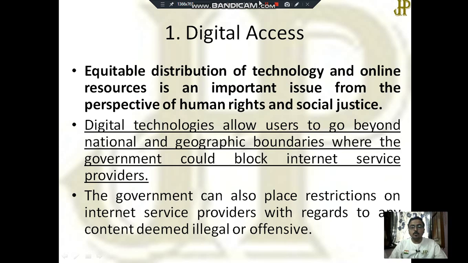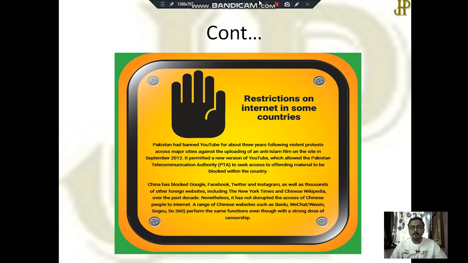The government can also place restrictions on internet service providers with regard to any content deemed illegal or offensive. Okay? I think it is very clear to you what digital access is. These are some examples. Pakistan had banned YouTube. Why? Because they think that there is some content which supports anti-Islam.